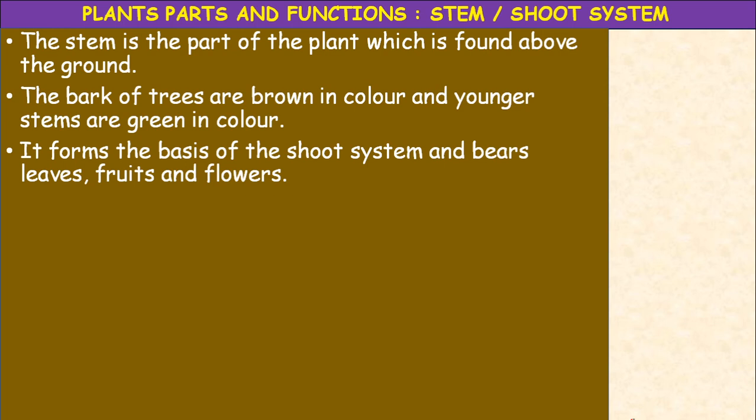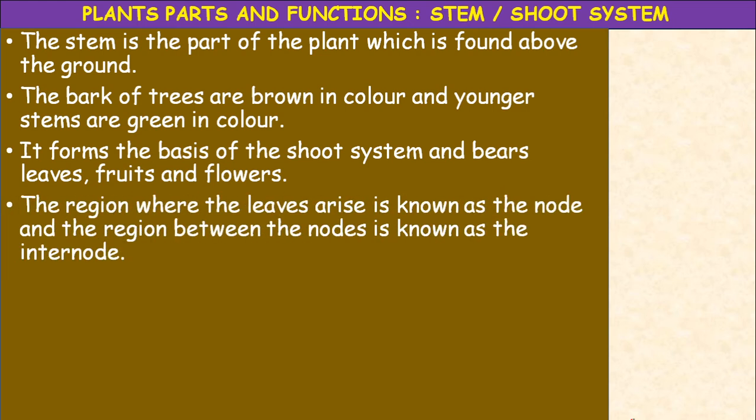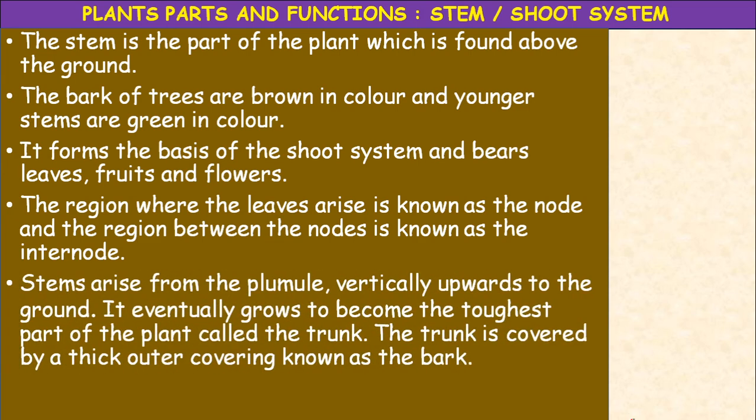It bears leaves, fruits and flowers. The region where the leaves arise is known as the node. We can divide the stem into nodes and internodes. The region between the two nodes is known as internode. The stem arises from the plumule.